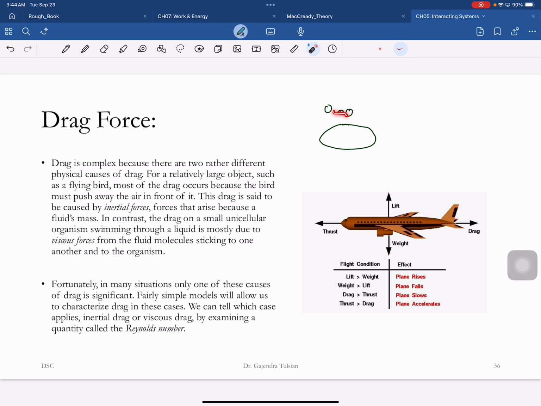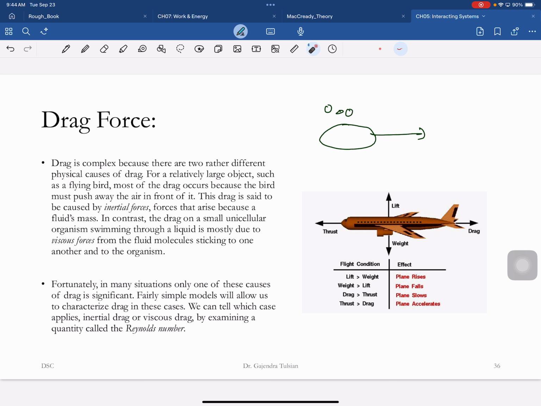These molecules are sticking to each other, and they stick to the surface, and so they're pulling the guy back. So if this unicellular organism is trying to move that way in a liquid, the liquid molecules attract each other and they stick to the skin and pull them back. So that's viscous forces.